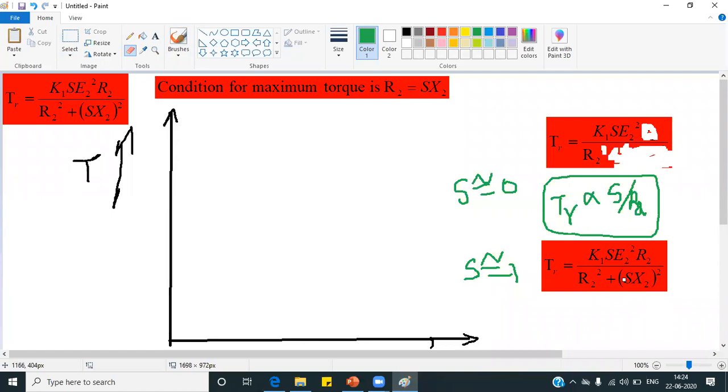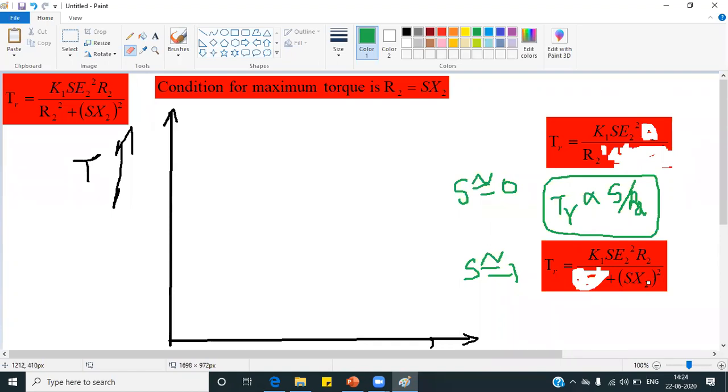Compared to R2 square, S X2, generally X2 value is far greater than R2 value. Guys, listen, X2 value is far greater than R2 value, but here X2 is multiplied with S. In this case R2 value is far less than S X2 square, because the S value is very high, almost nearer to 1. So compared to R2, X2 is high, so obviously R2 is neglected.